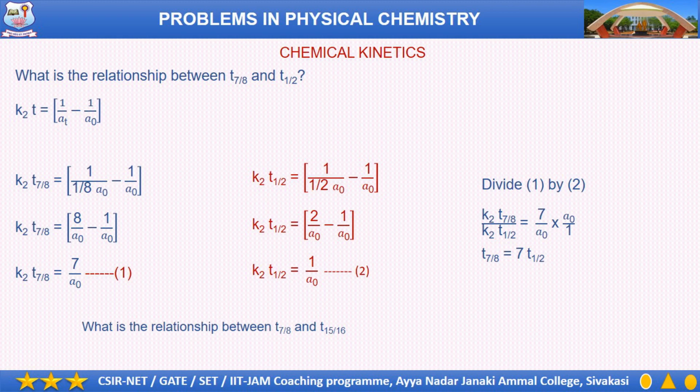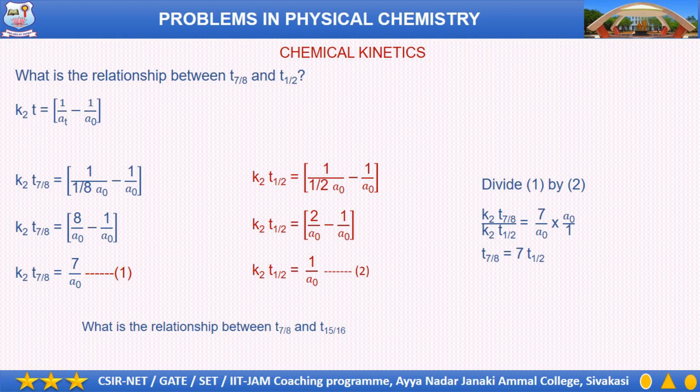If this type of problem is asked, where the time taken for one fraction is given and the time taken for another fraction is asked, you can make use of this equation. You need not go for that one, but if you're going for that one, there's no harm in it. But this is the simple method, and that is a somewhat lengthier one.